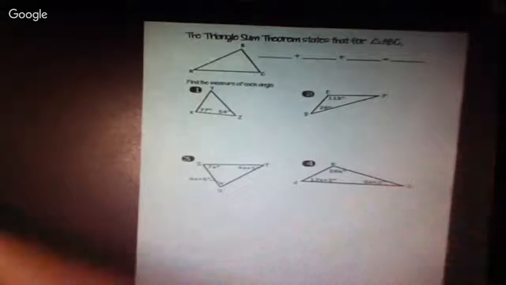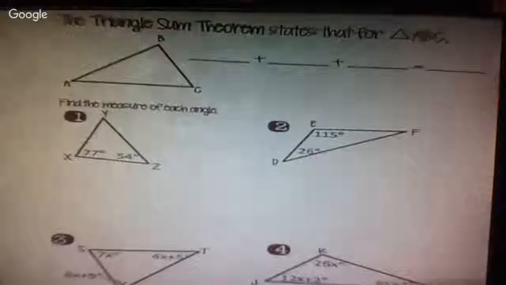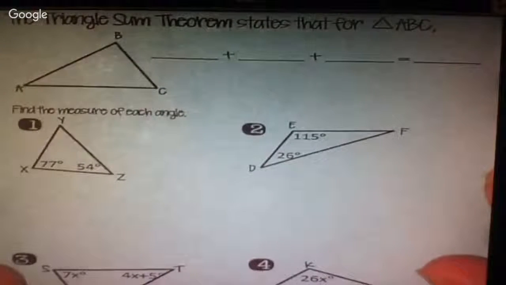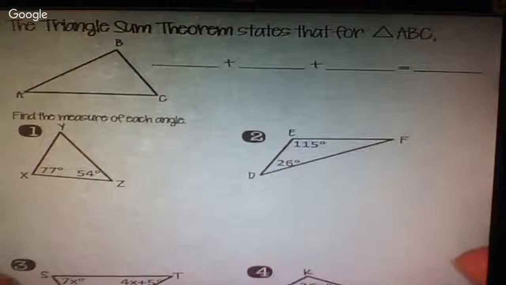Okay. I'm going to slightly book it faster this one because you should already know this theorem. Okay. So we've got two more theorems to talk about. This first one is the triangle sum theorem.